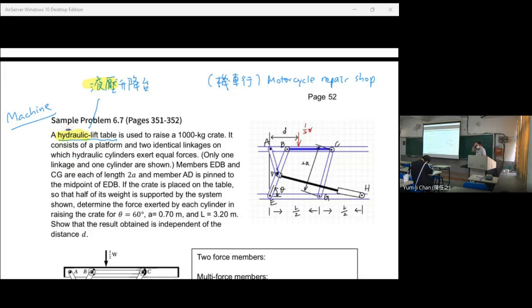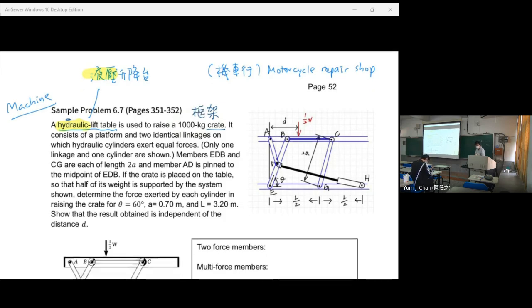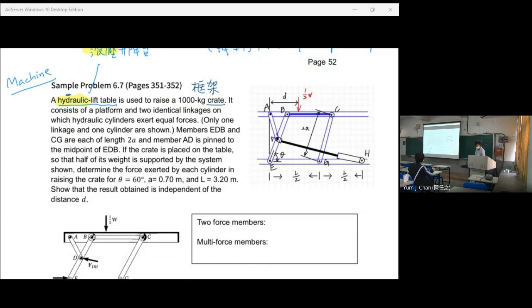It is used to raise a 1,000-kilogram crate, and it consists of a platform and two identical linkages that exert equal forces. As in a car repair shop, it has two sides, and only one is shown here.